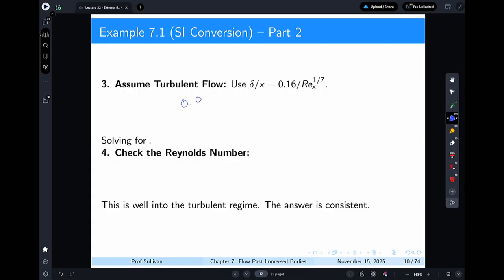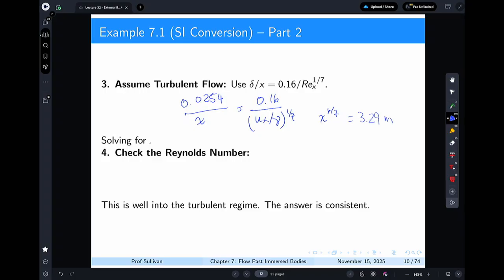So if we do that, and assume that what we have here is a turbulent flow, which is reasonable, then we have to calculate everything again. So we have Ux over nu, and we end up with x to the 6/7 equals 3.29 meters.